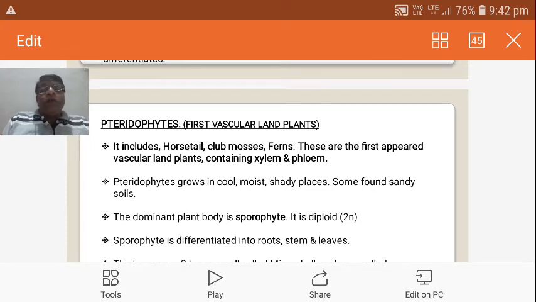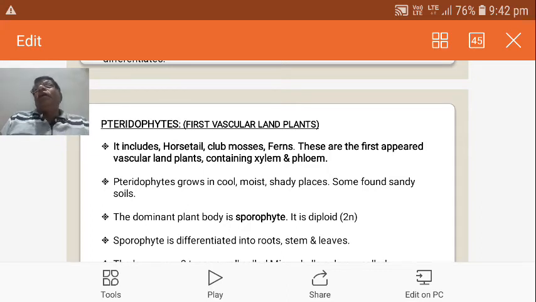I will quote one example for each one. Club mosses: Lycopodium and Selaginella are called club mosses.